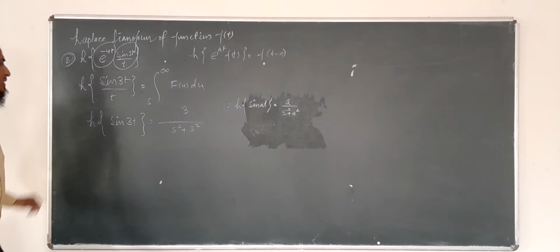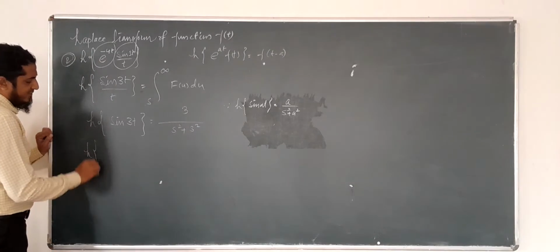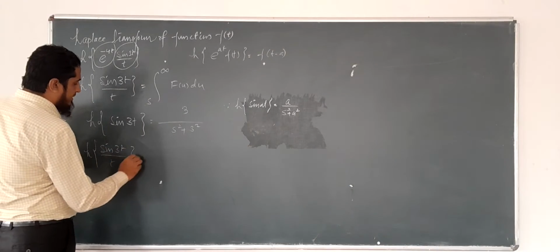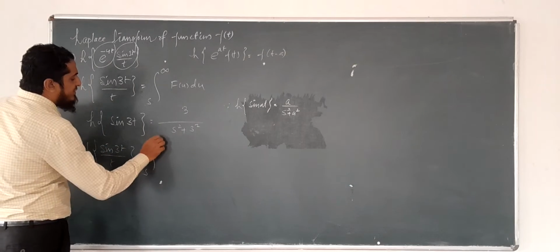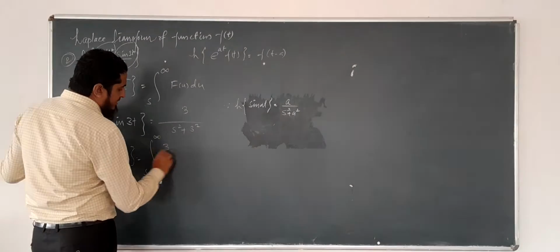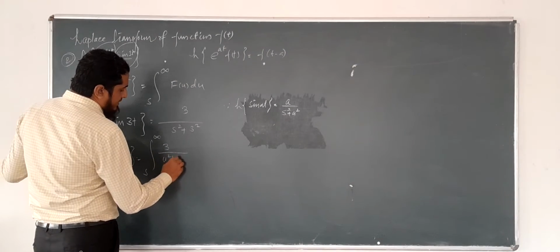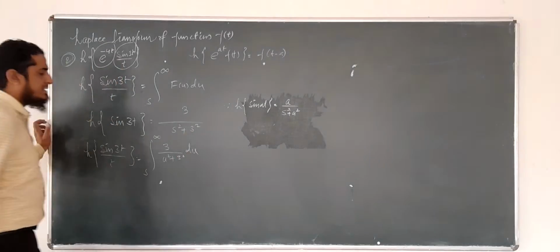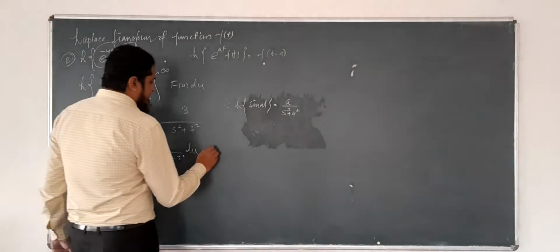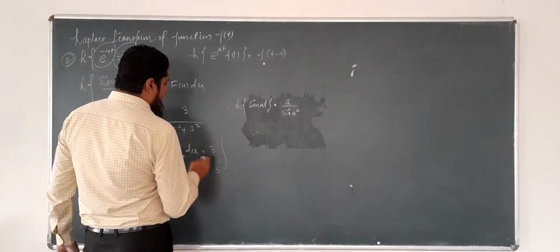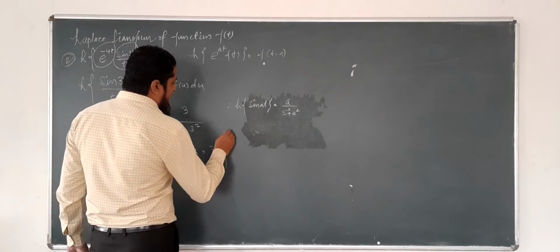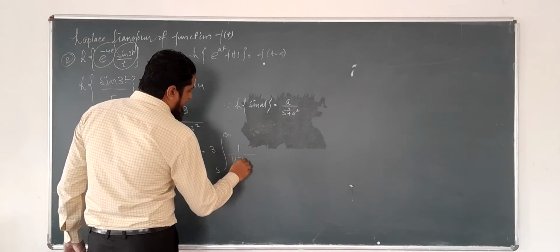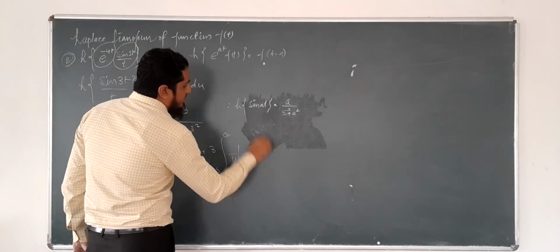Correct? Now the Laplace transform of sin 3t upon t becomes integration from s to infinity of 3 upon u square plus 3 square du. Correct? Taking 3 outside, since 3 is constant, we will get 3 into integration from s to infinity of 1 upon u square plus 3 square du.